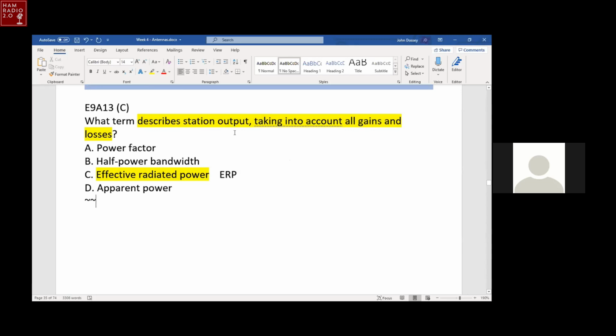All the station output, calculating all the gains and all the losses. Transmitter output plus antenna gain minus losses is your ERP. And it can have 2 different references, an isotropic reference or a dipole reference, depending on which way you reference it.